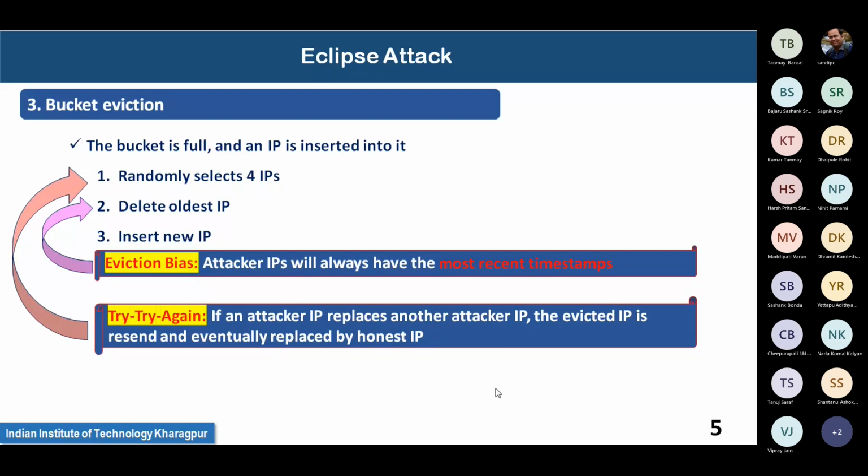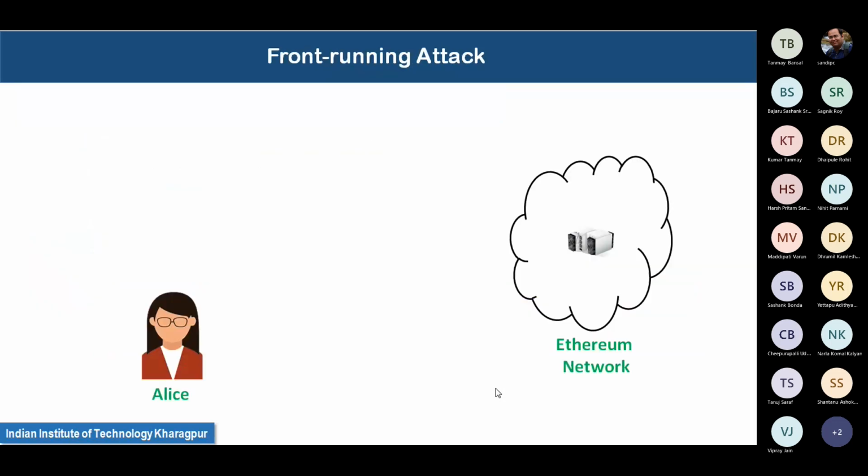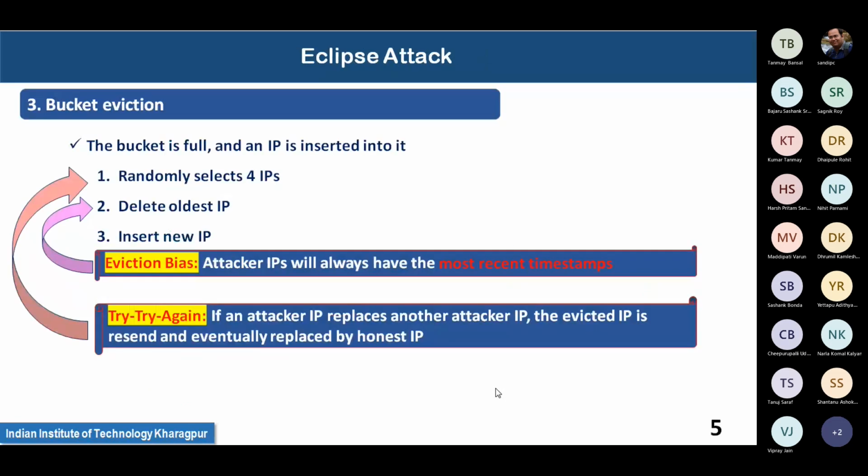If it does not have a contiguous block, it will try to get different IP addresses, and then through a bot it will send messages to the victim and try to replace its buckets with the IP addresses of the attacker. So that is what is done with this Eclipse attack.